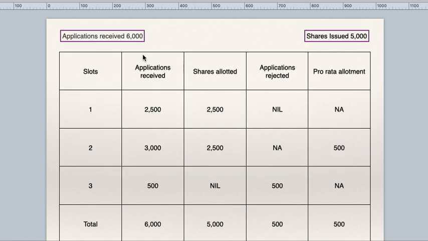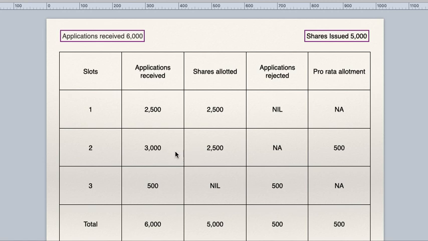Now I will show you the calculation. Applications received are 6,000 whereas issued capital is 5,000. First 2,500 applicants, they have allotted 2,500 shares. Next lot of 3,000 applications, they have allotted 2,500 shares.